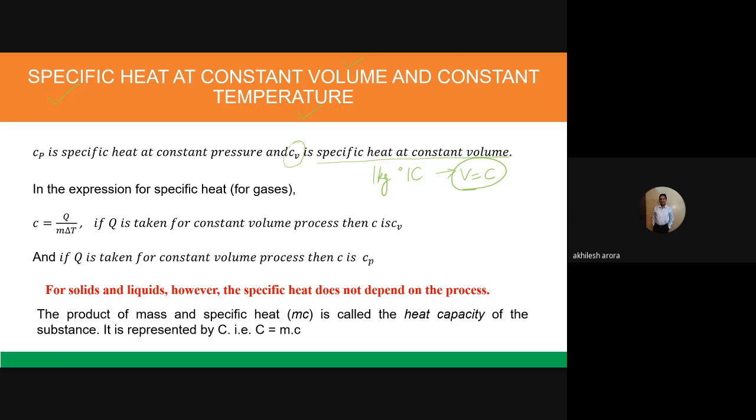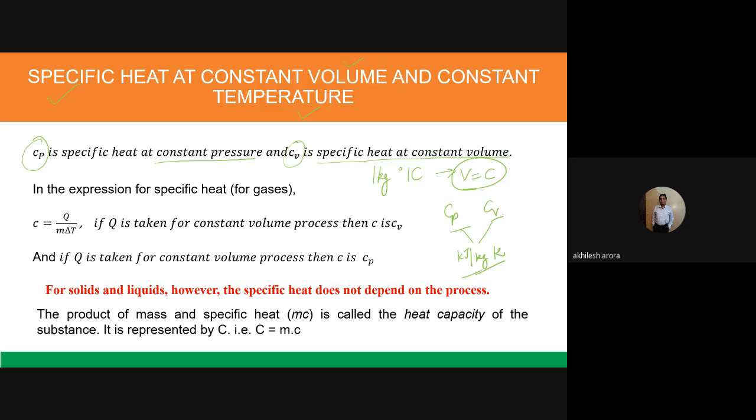But if this change in temperature of unit mass of a substance takes place under constant pressure, then that will be represented as CP, or specific heat at constant pressure. So there are two types of specific heats, CP and CV, and both have the same units, kilojoules per kg Kelvin.